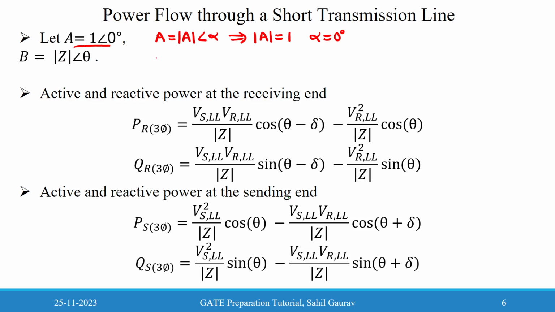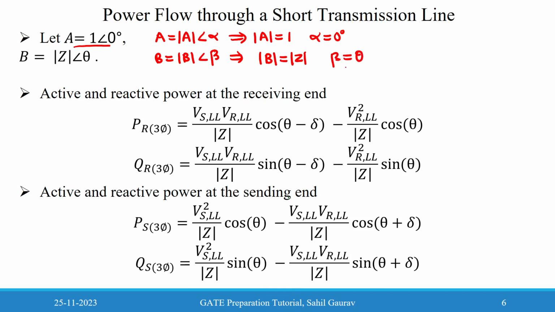So in the place of mod B, we will write the impedance, and in the place of beta we will write the impedance angle, that is theta.